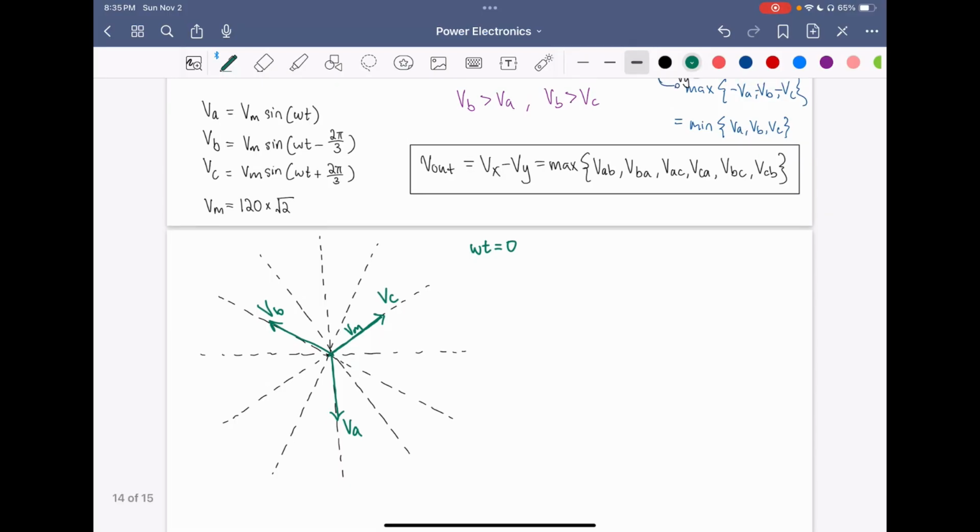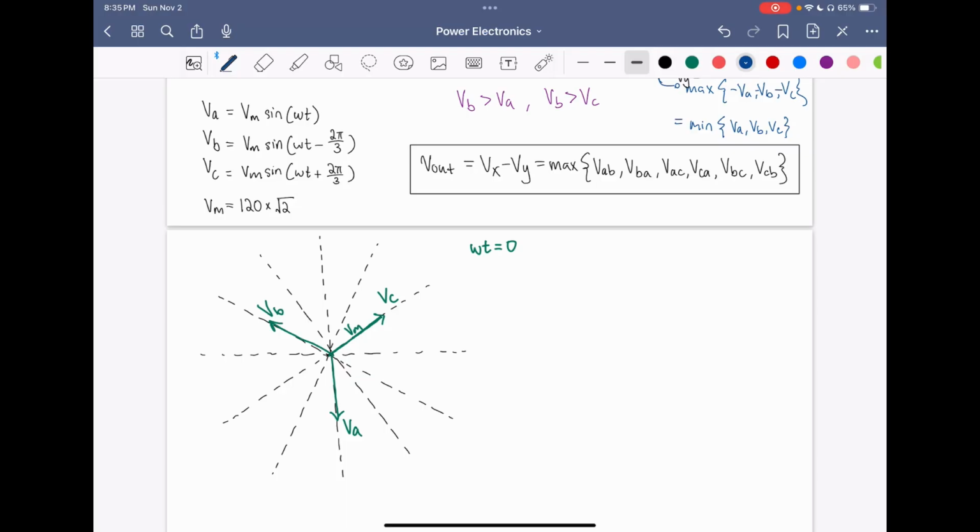The next step is we want to figure out the magnitudes and the angles of the line-to-line voltages, which are VAB, VBA, VAC, etc. And to do that, we will use some basic geometry. Let's start by looking at VCA.